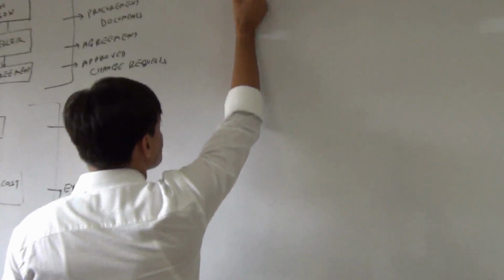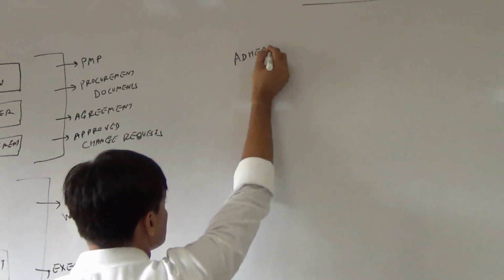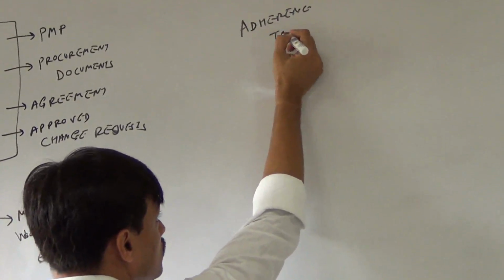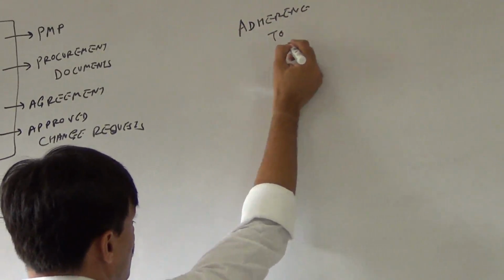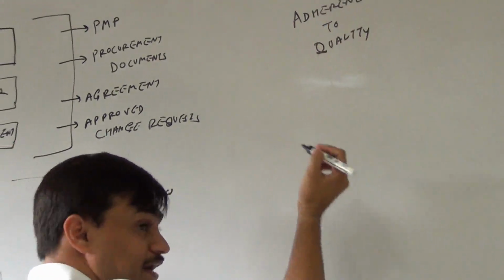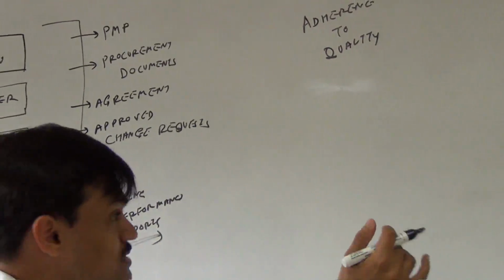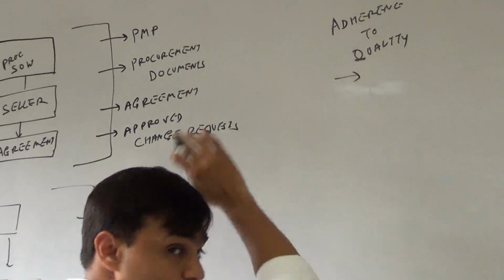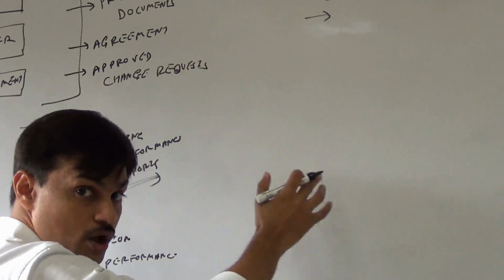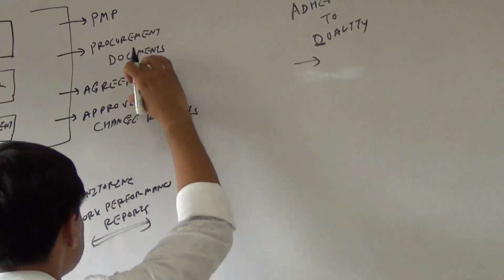So, the first dimension could be adherence to quality. Now, this particular dimension has 2 areas. One is that the procurement work is adhering to the process which you have agreed in the agreement.